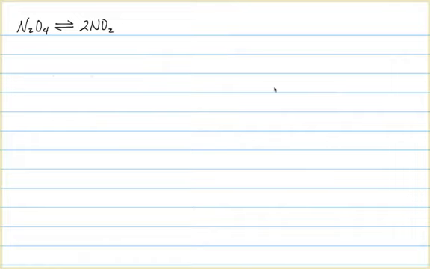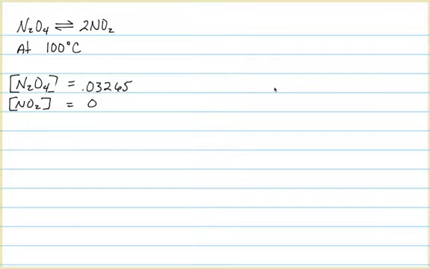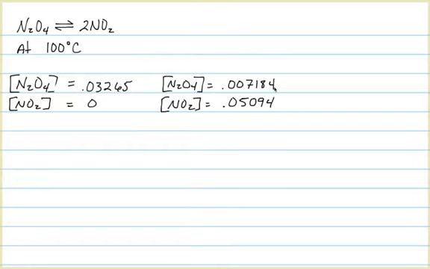An example of this is the reaction we saw in class, dinitrogen tetroxide reacting to form nitrogen dioxide. If we carry out a reaction and begin with a concentration of 0.03265 and a concentration of 0 for our products, and we end with a concentration of 0.007184 for our reactant and 0.5094 for our nitrogen dioxide, we can use these values to determine the equilibrium value from the equilibrium expression.